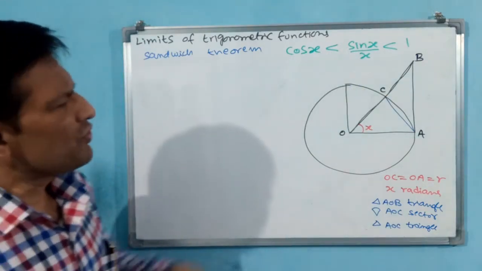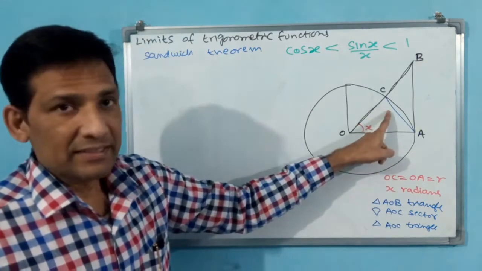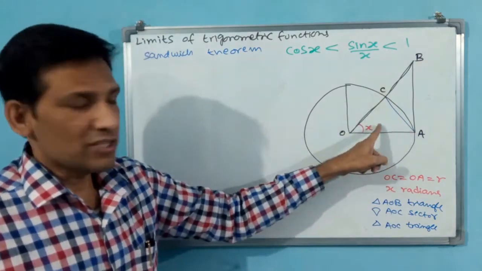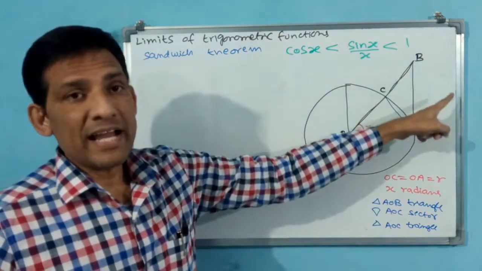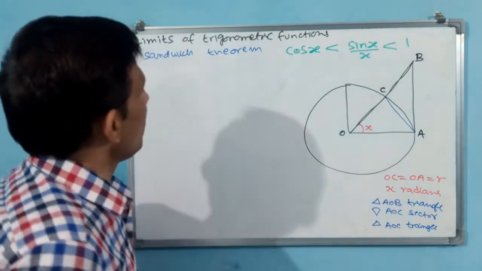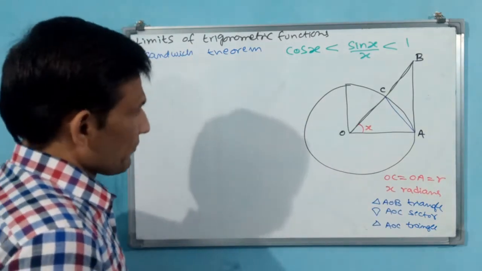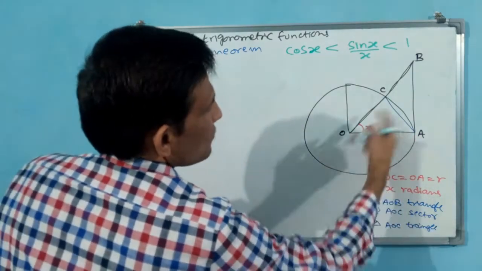Which is smaller first? Triangle is smaller, then the sector is bigger than this triangle, then the outside triangle will be much bigger. Now I am writing, you see how I am writing. Area of triangle AOC.